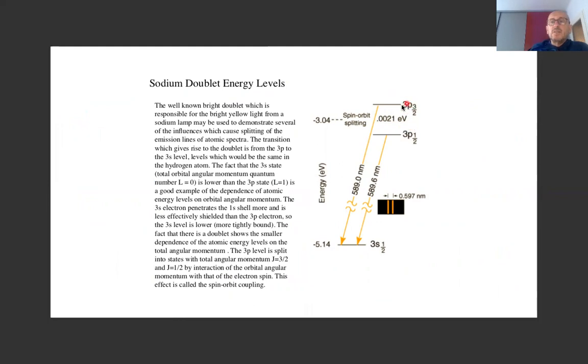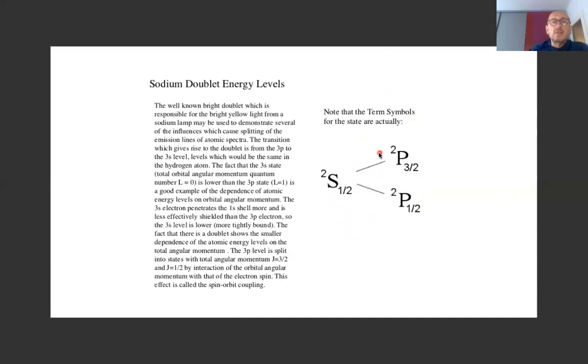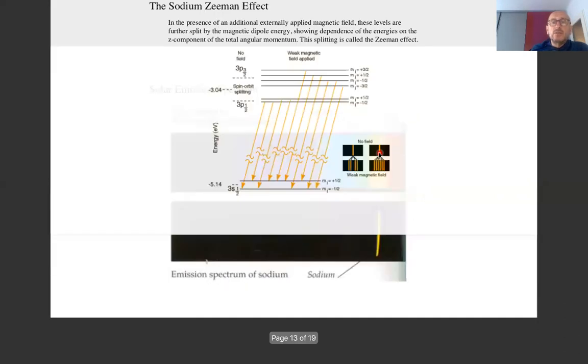So this is the difference between the two energies that split by spin-orbit interaction. And the question is, what is the magnetic field you actually need to produce that splitting? You can go through this later.